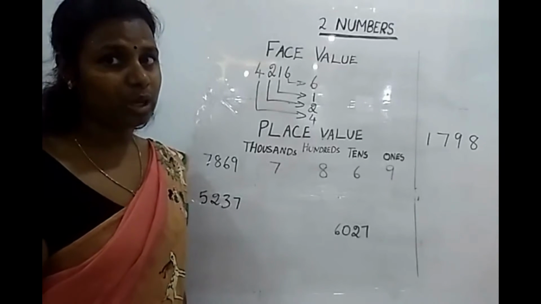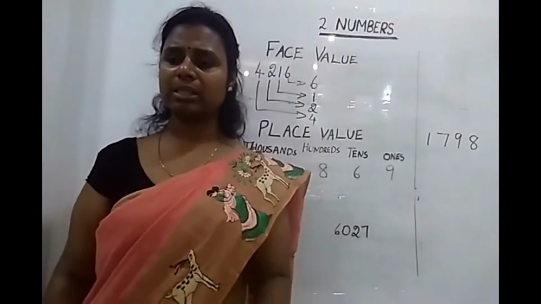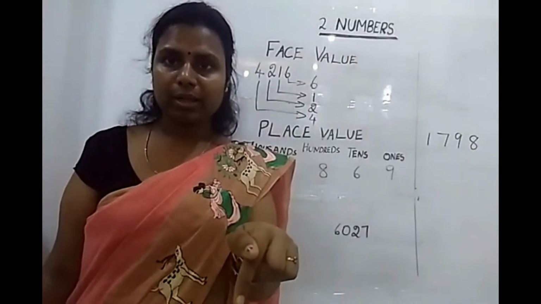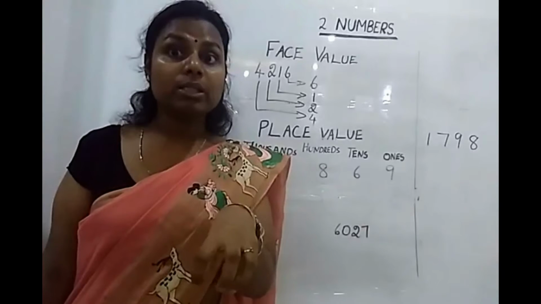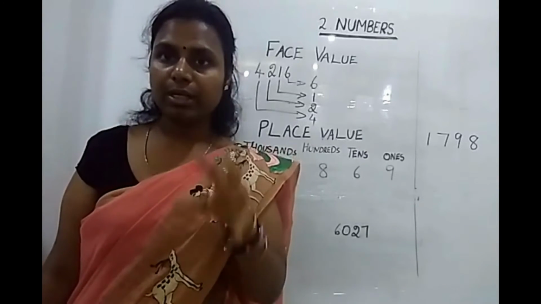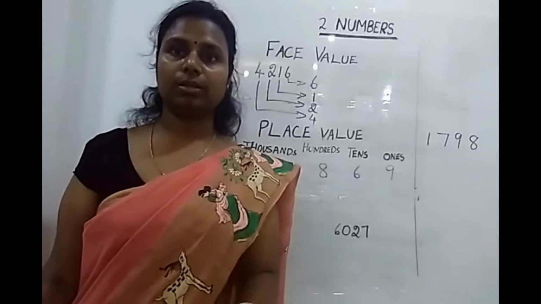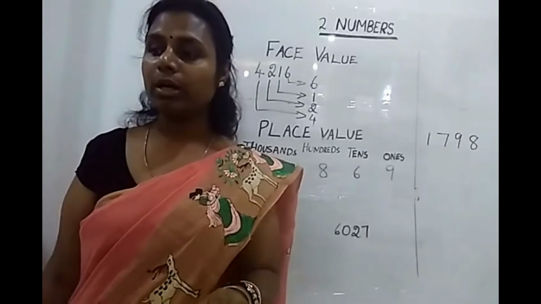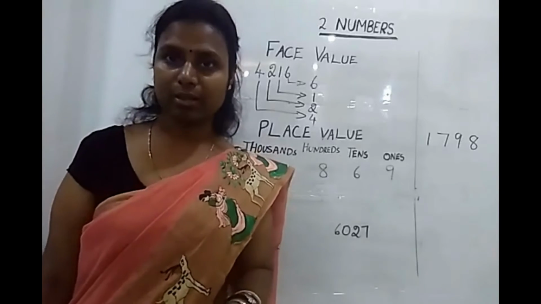So now, how to find the place value? Place value means where a digit is in that number tells us how much it is worth. The place value of a digit depends upon its position in the place value chart.